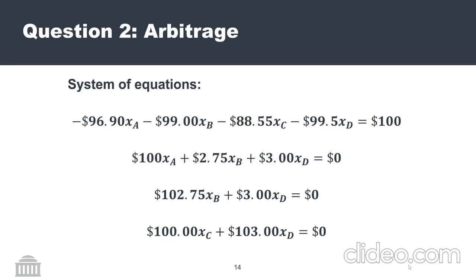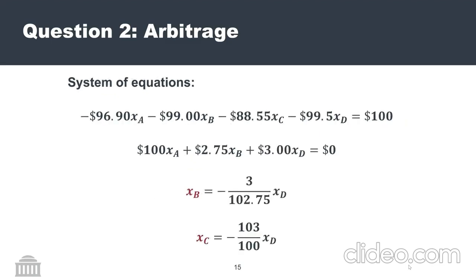Here it's fairly straightforward how to solve this. We can see that the last 2 equations have just 2 unknowns: XB and XD in equation 3, and XC and XD in equation 4. So I'm going to solve the last 2 equations for XB as a function of XD and XC as a function of XD. Now let's look at the second equation.